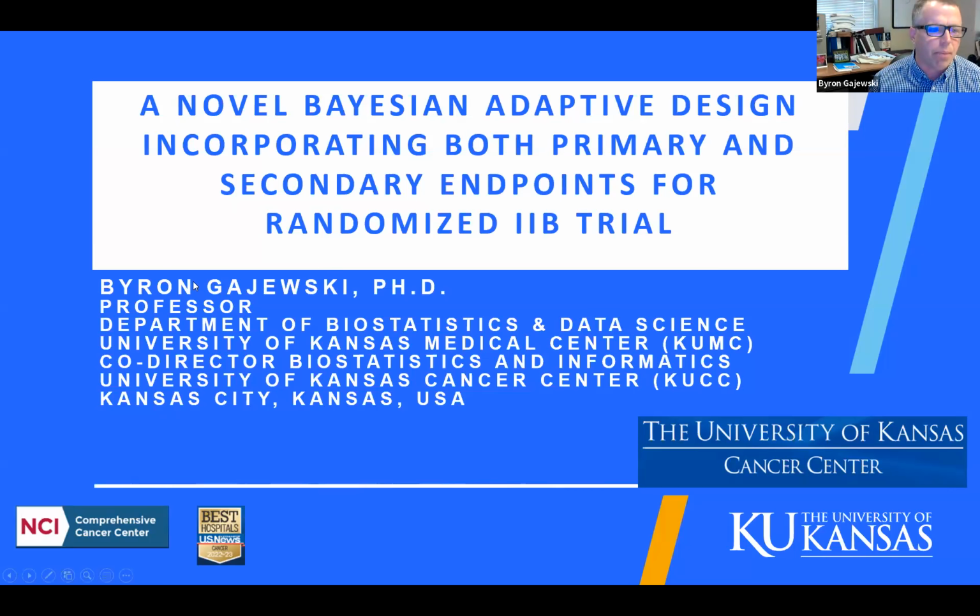So I'm going to talk about this idea in this particular trial design that I'll present today, as Simone kindly introduced, about using the primary and secondary outcomes. Traditionally, adaptive designs are driven by a single primary outcome, and we're going to bring the secondary outcome into the primary trial design.